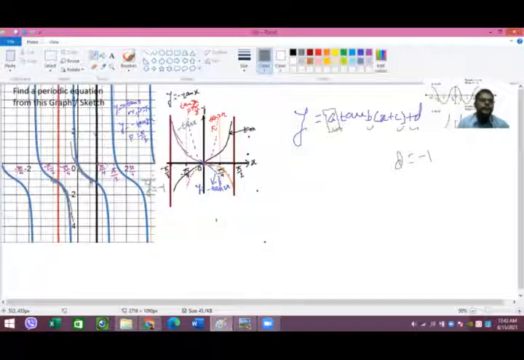Let me count how many units there are. From here to here it is half a unit, and from here to here is 1 unit. So the total length is half plus 1, that is 1.5, and midway, dividing 1.5 by 2, is going to be 0.75.